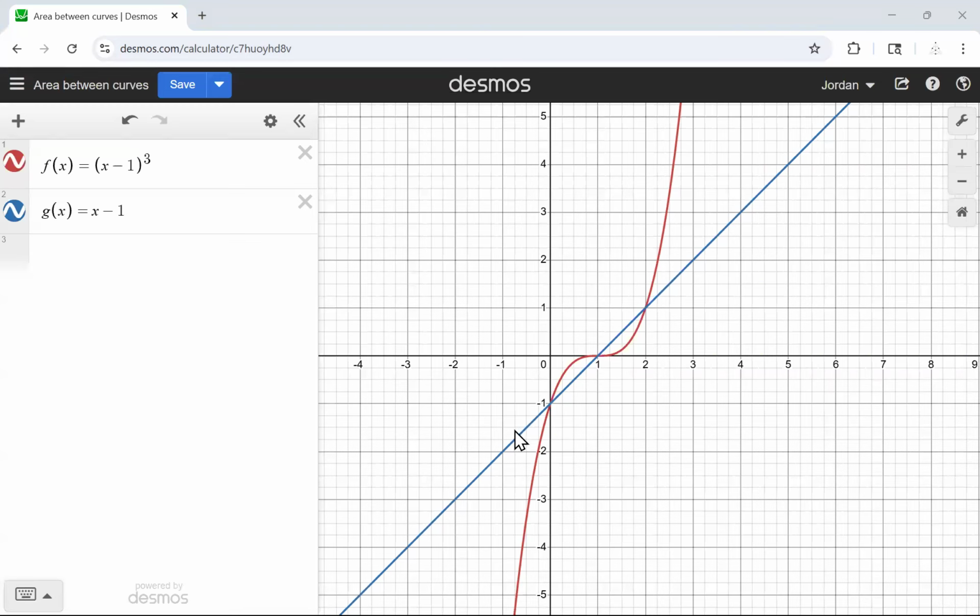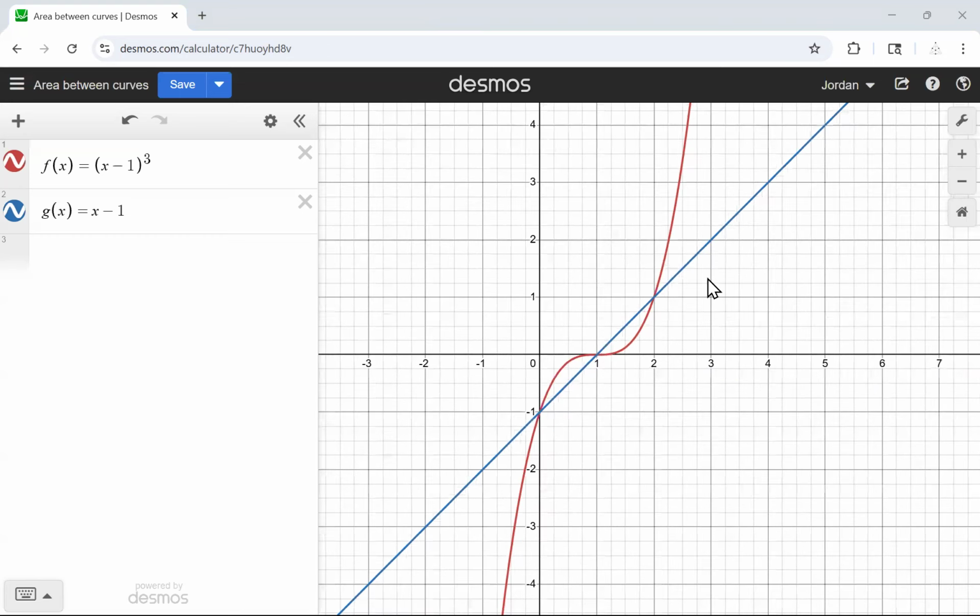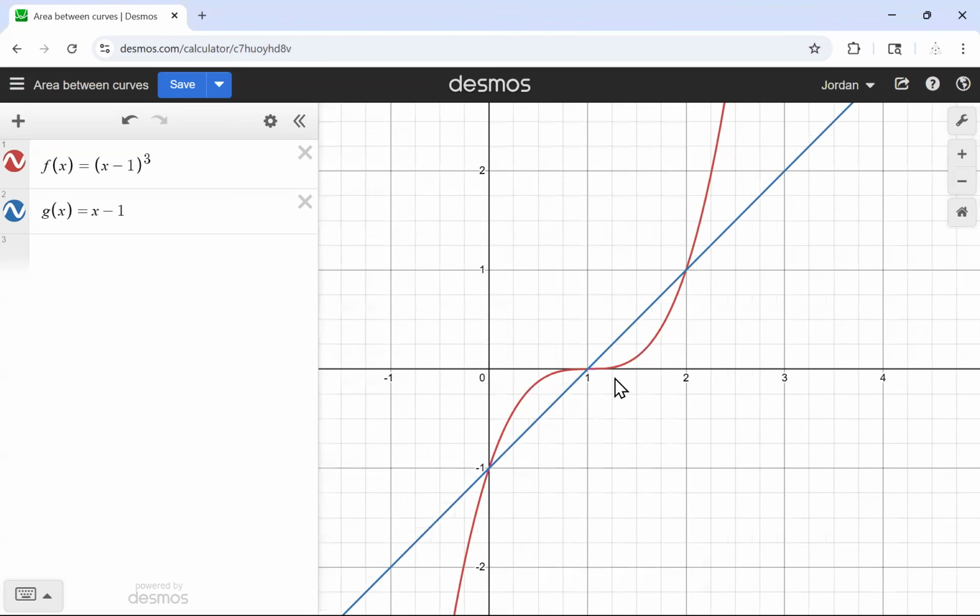So here are the graphs of those two curves. One is the straight line g of x equals x minus 1, and the other is the curve f of x equals quantity x minus 1 cubed. And you can see there's a lot of unbounded regions, but they've created actually two bounded regions. One underneath the x-axis where f is above g, and the other above the x-axis where g is above f.